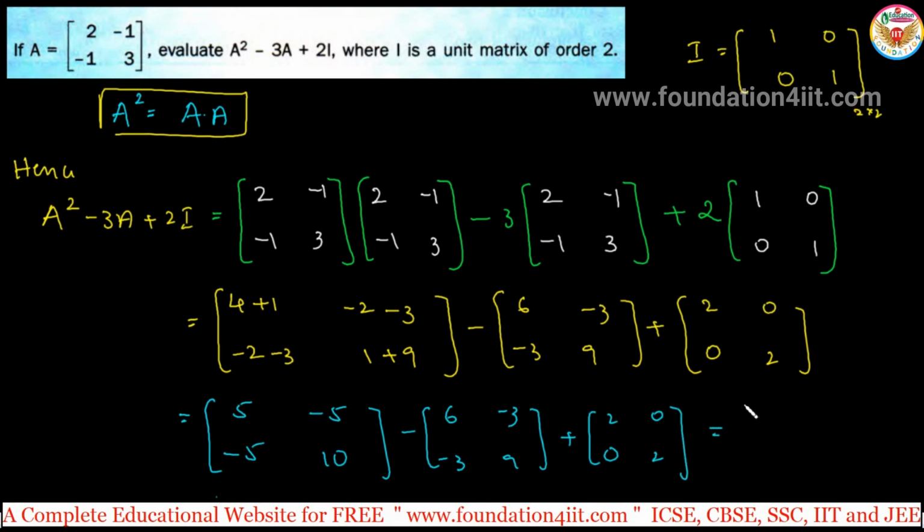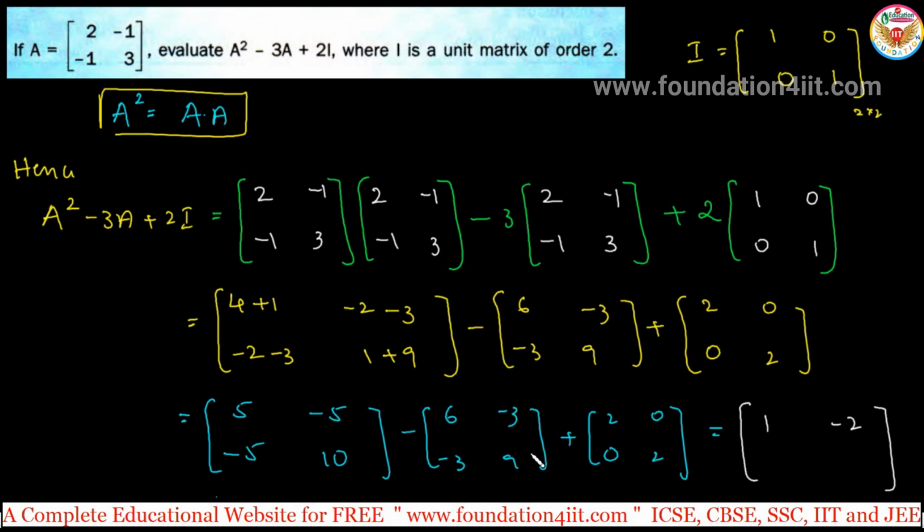If you want the answer directly, you can calculate corresponding elements: subtract the first two, add the third one. 5 minus 6 plus 2 is 1. Next, minus 5 minus of minus 3, minus 5 plus 3, minus 2 plus 0, so minus 2.